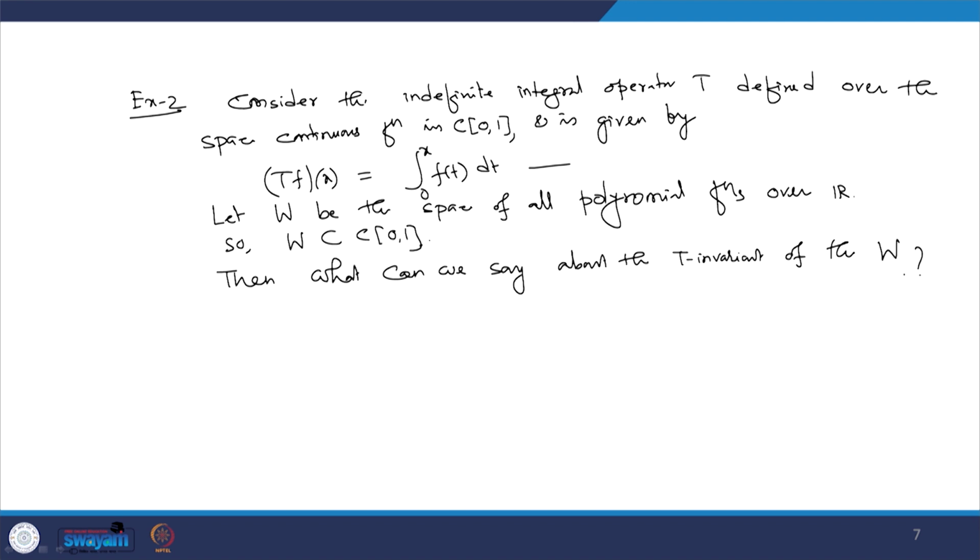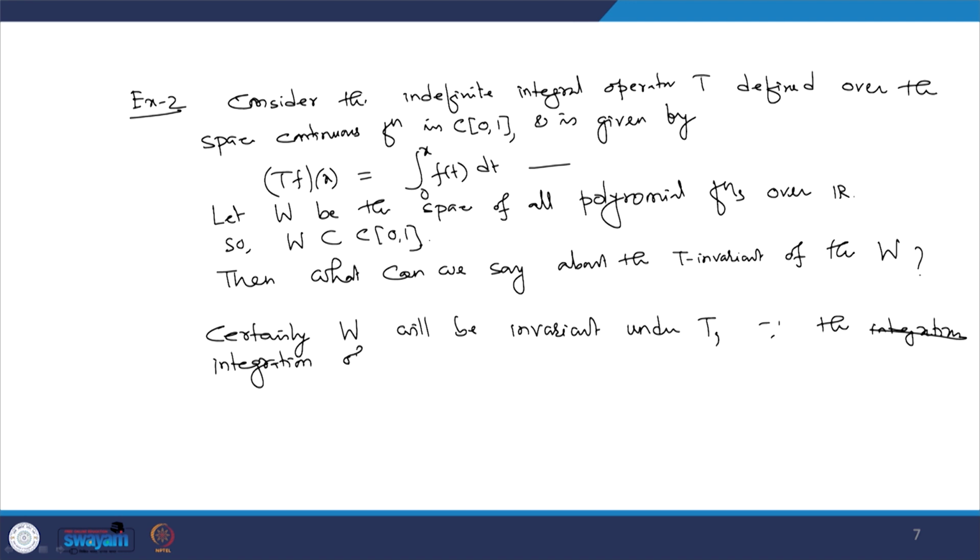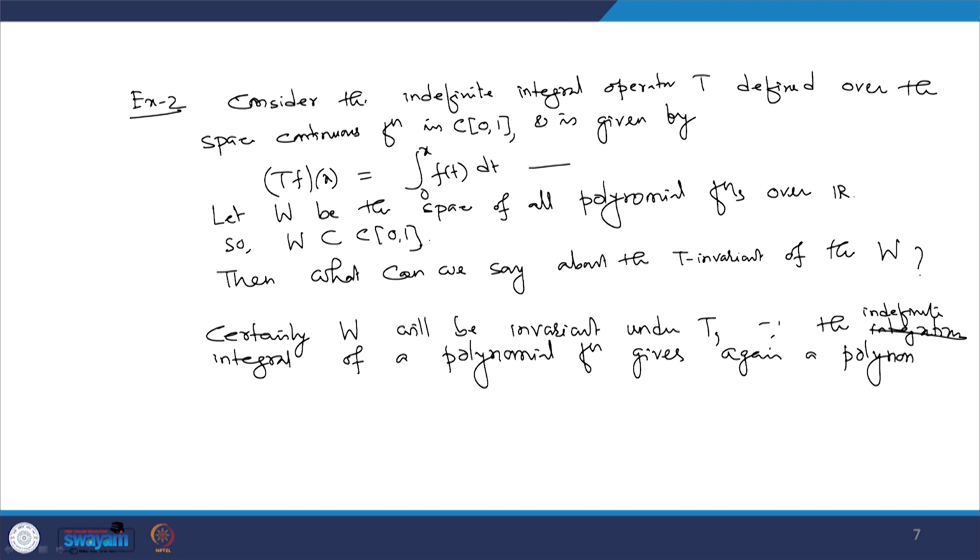So W will be invariant under T, since the indefinite integral of a polynomial function gives again a polynomial function. That is why W will be invariant under T.